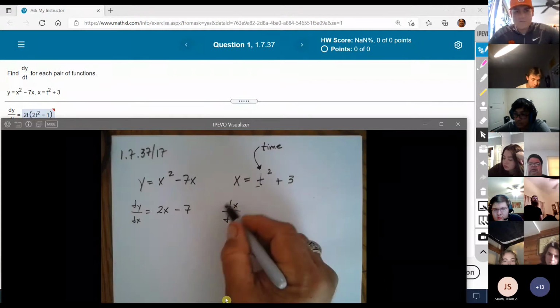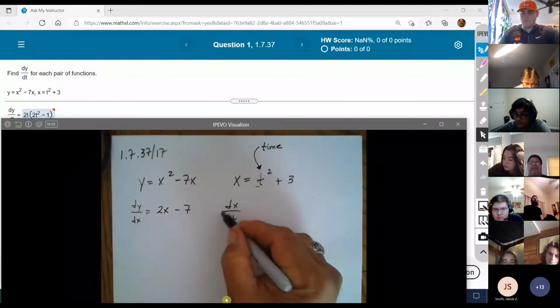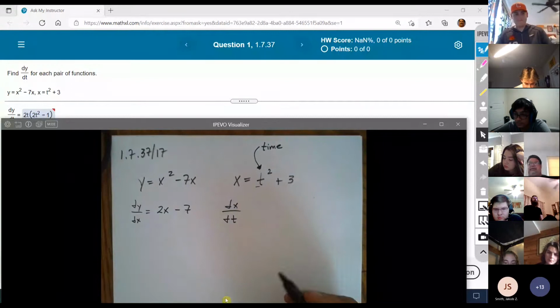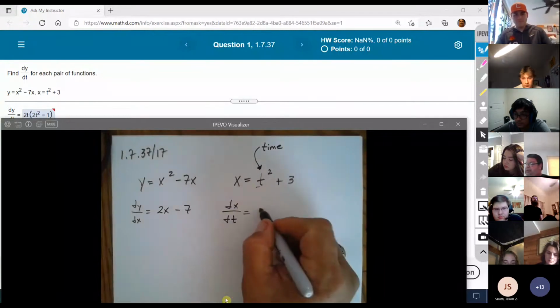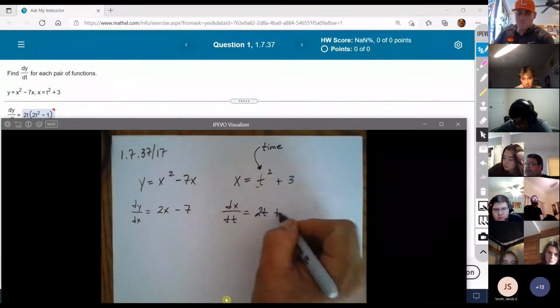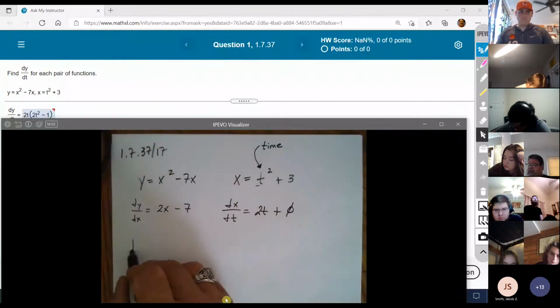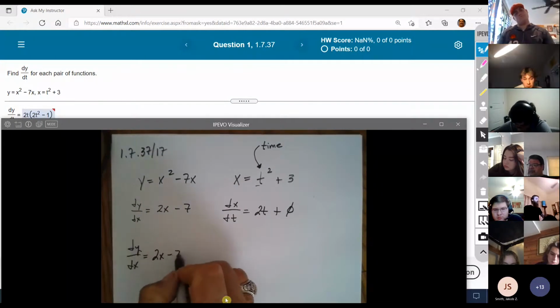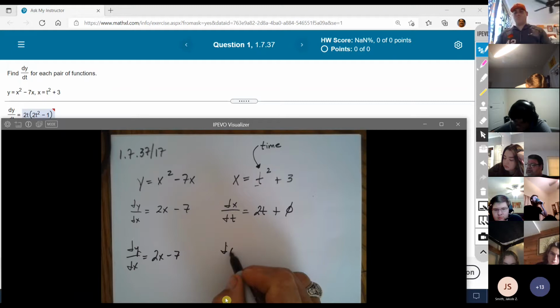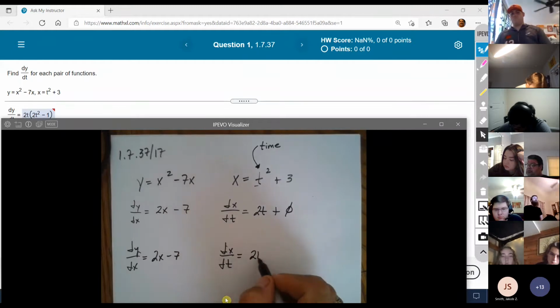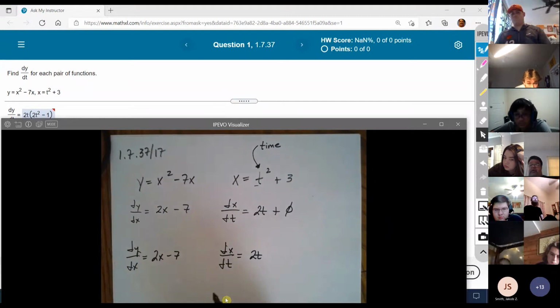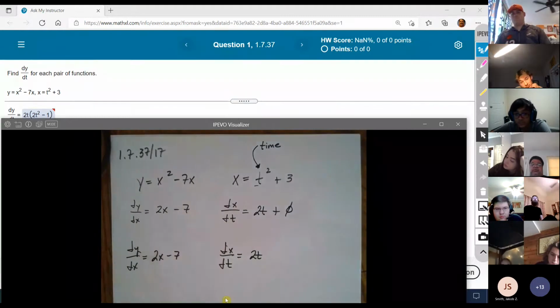So you're going to see this right here a good bit. dx dt equals 2t plus 0. So the differentiation is dy dx is equal to 2x minus 7, and dx dt is equal to 2t. Now, me reading the directions, that's what I come up with.